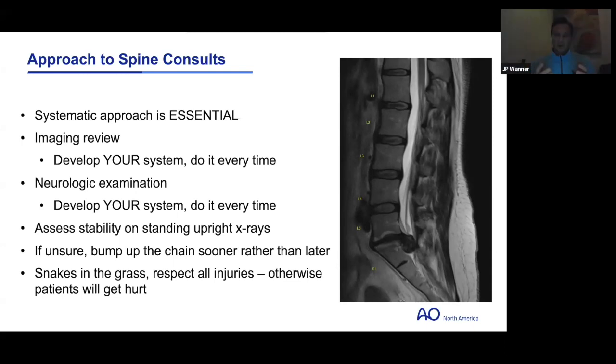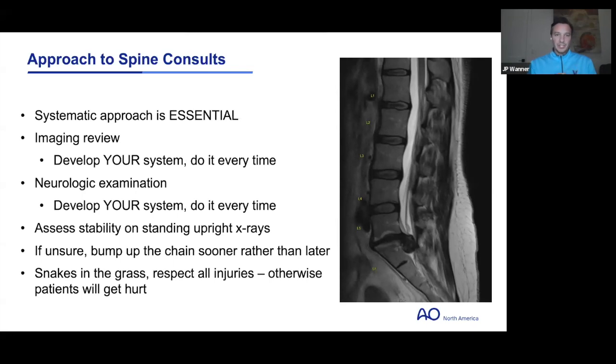I made it a point, especially in my training, to never look at a read from a radiologist before I went through imaging, and I approached it the exact same way. I looked at the ligamentous structures in a very systematic way, and then looked at the bony structures, and slowly over time, I would cross-check to see if I missed anything. And once you develop that system, I think you become very confident in it moving forward.